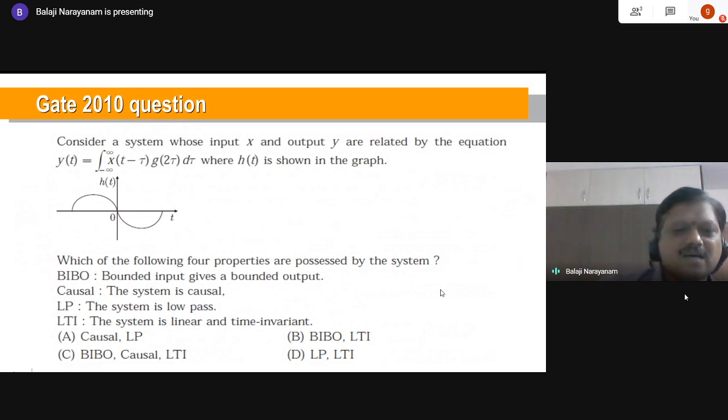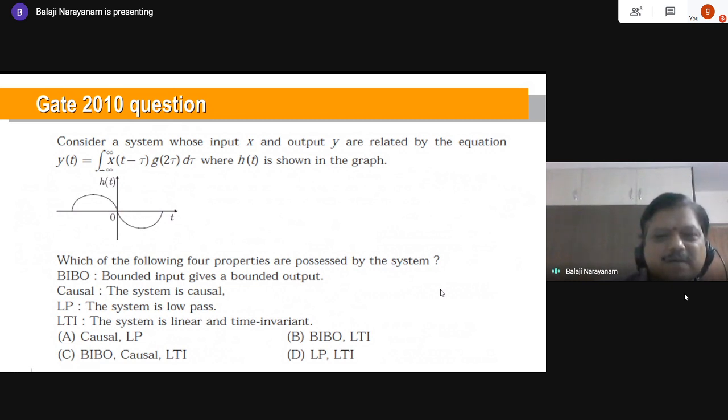You have options: bounded input and bounded output, causal, low pass, linear, time invariant. Anyway, we have not discussed LTI, linear and time invariant, but still out of the given options, we have to identify which one best suits our system.